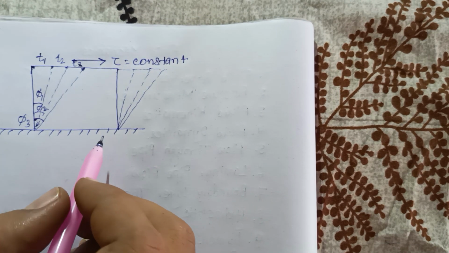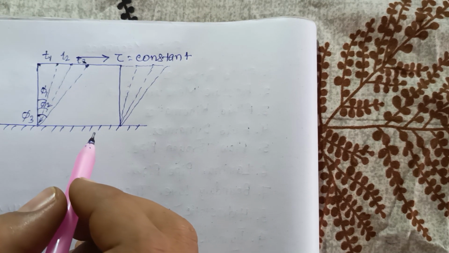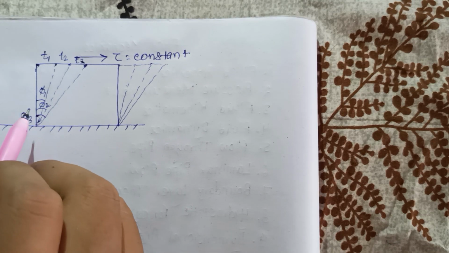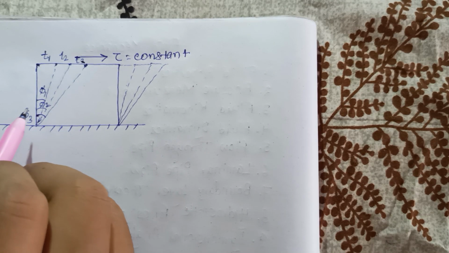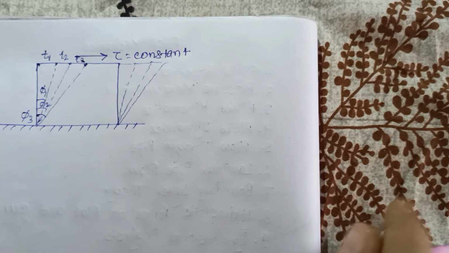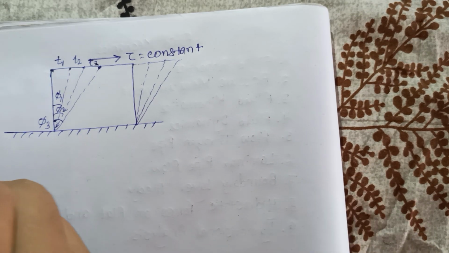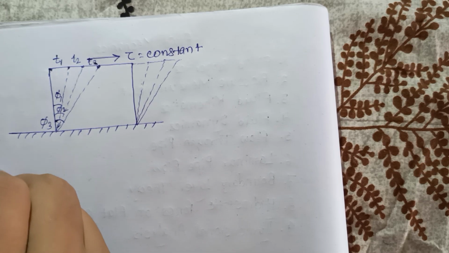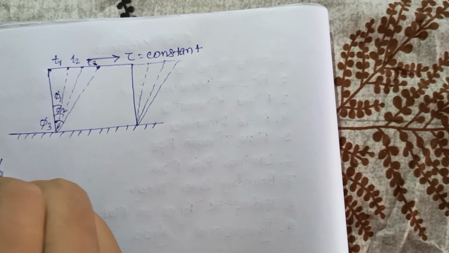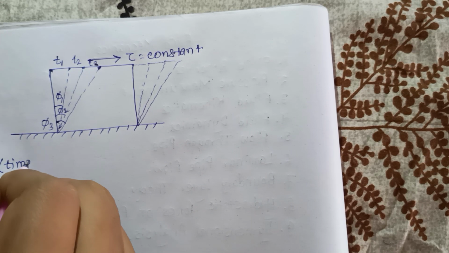So what is happening here? The shear strain is a function of time. Important case here. So here phi is a function of time.